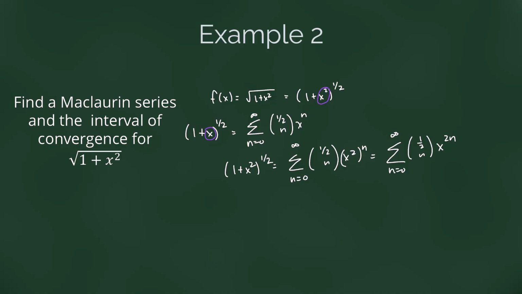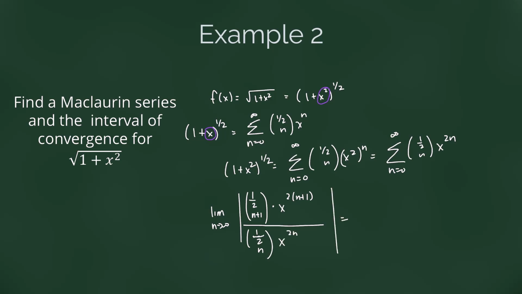So we're going to look at the limit as n goes to infinity of the absolute value of 1/2 choose n plus 1 times x to the 2 times n plus 1, all over 1/2 choose n times x to the 2n.